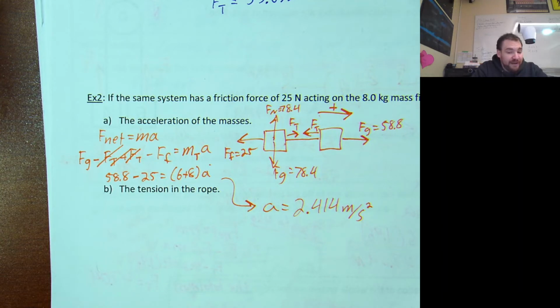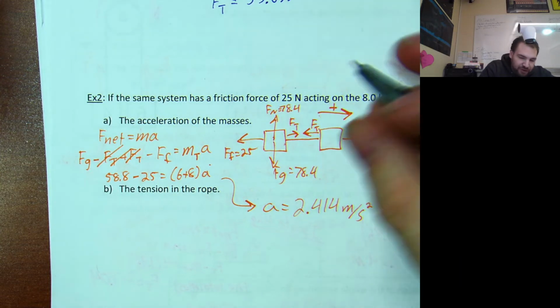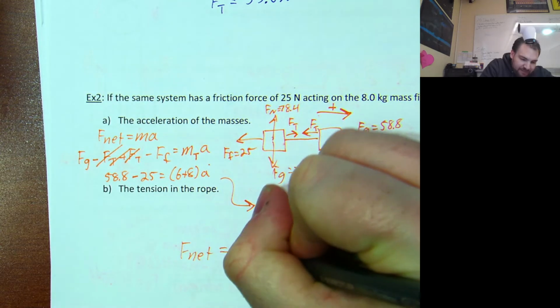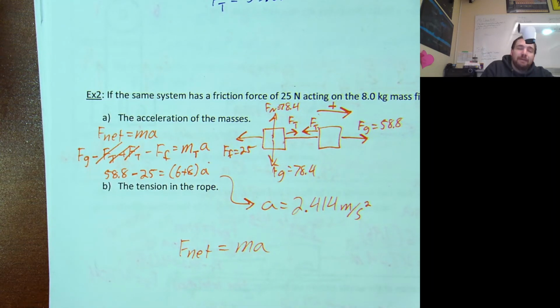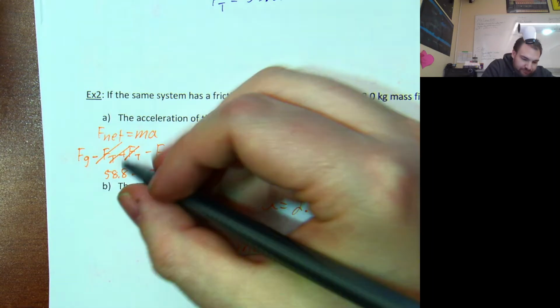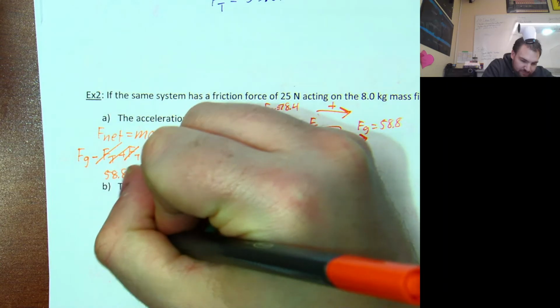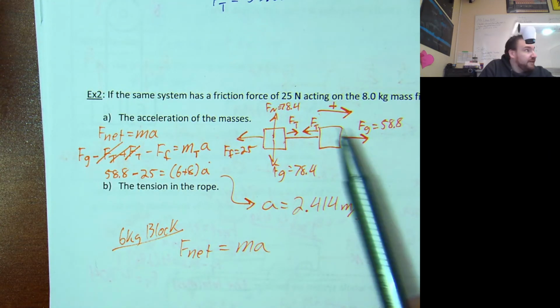So now the tension in the rope, again, now we can analyze one block. Now, Manuel, it doesn't actually matter which one we use because both blocks have two forces acting on them. So Manuel, which one do you want? Right side. The right side. Okay, cool. So F net equals MA on the right block. Which forces are acting positively? Which ones are acting negatively on that block? FG is acting positively, FT is acting negatively.